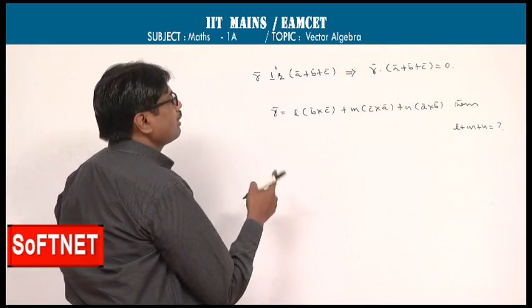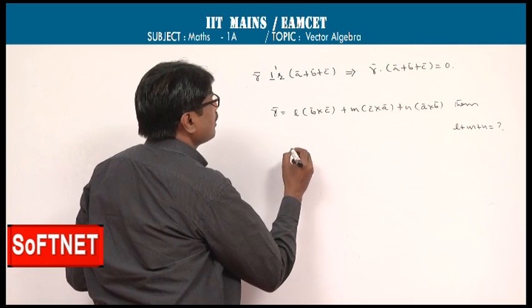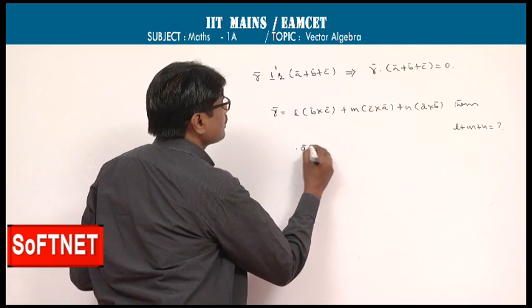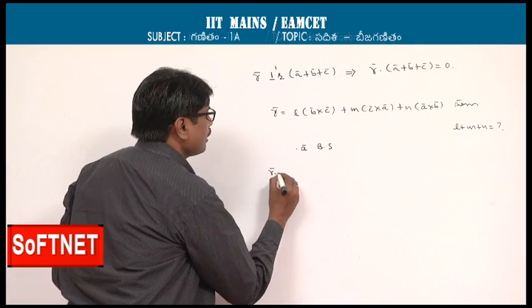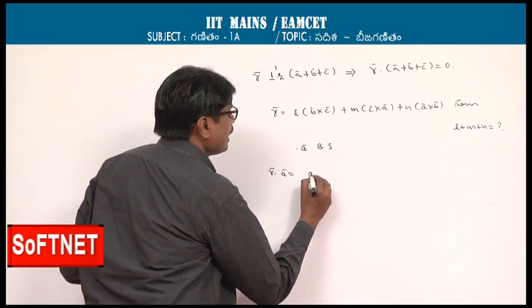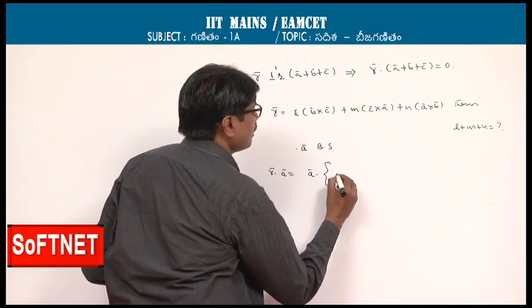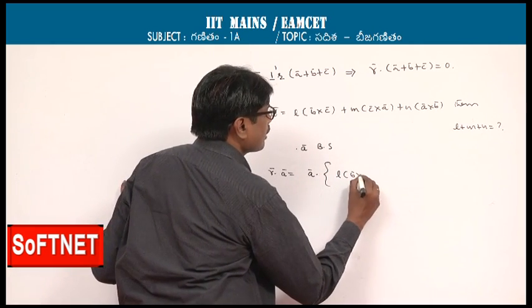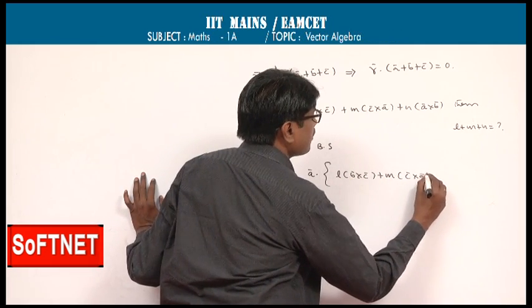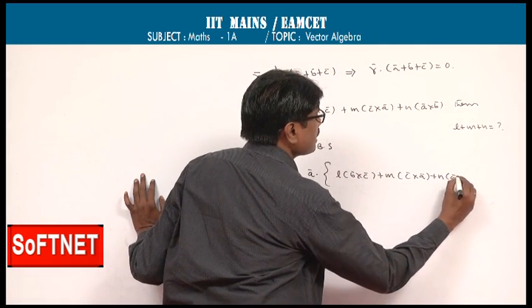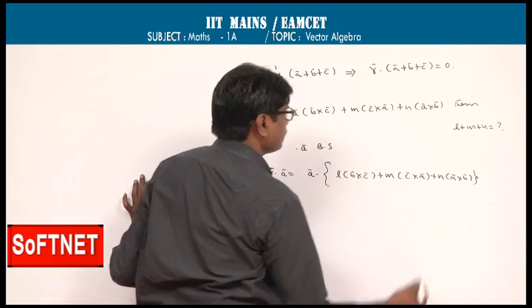for the above vector, apply dot A bar both sides to the above relation. Then r bar dot a bar is equal to a bar dot L times of b bar cross c bar plus m times of c bar cross a bar plus n times of a bar cross b bar.